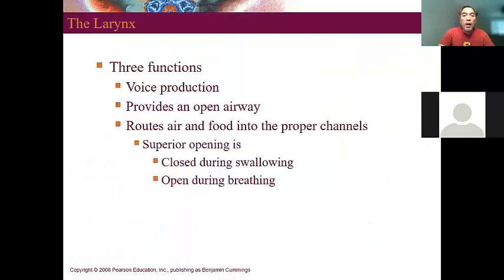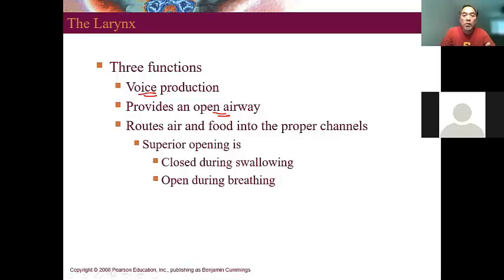Right, and then we have the larynx. Its function is for voice production and also for airway, and it is also a route between air and food that needs to be propelled in the proper channels. You don't want the food to go to the larynx, because when it goes there, it will go to the respiratory tract, and then somebody has to do a Heimlich maneuver to dislodge that food.